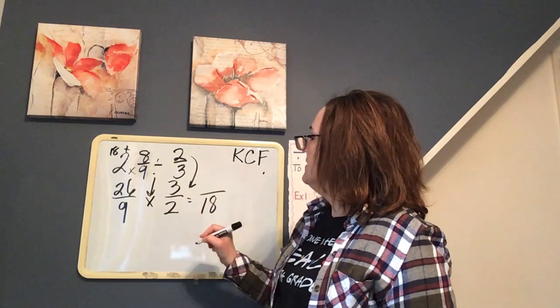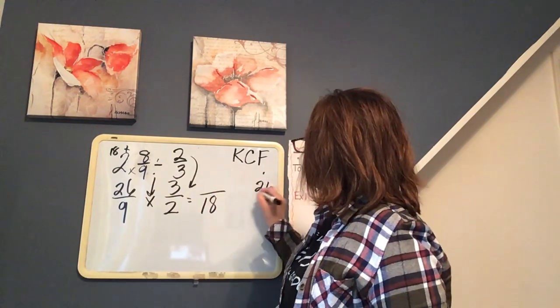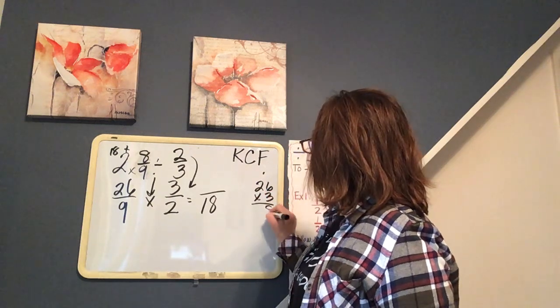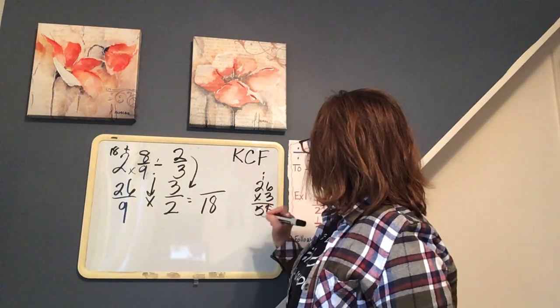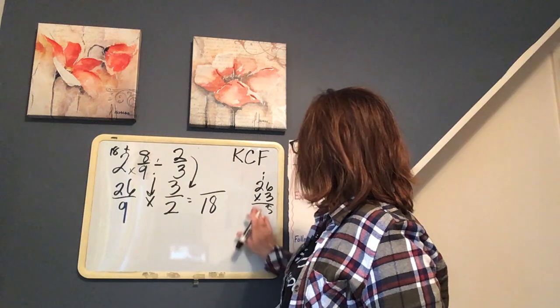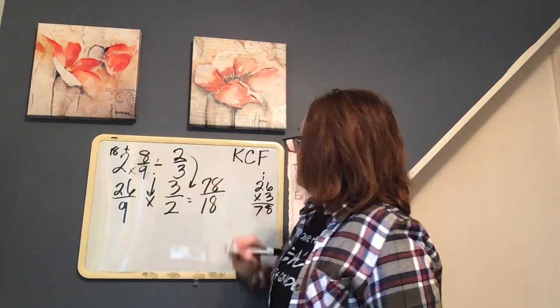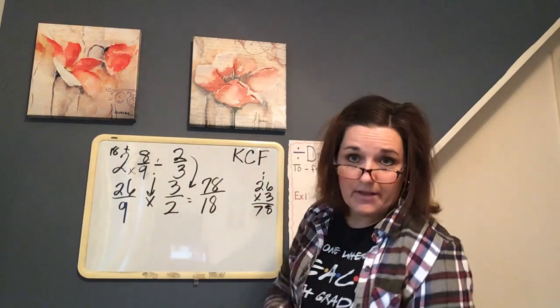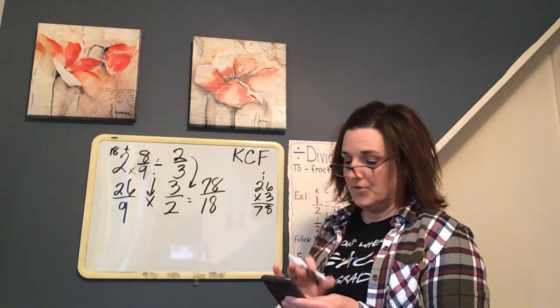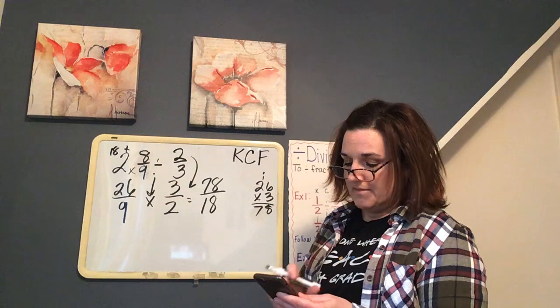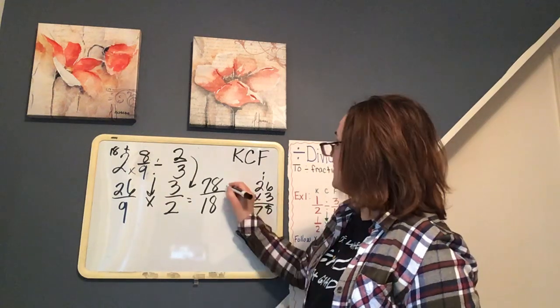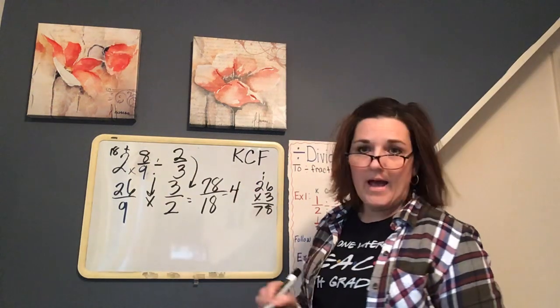18 on the bottom, 26 times 3 is 78. And then you get out your handy dandy calculator, right? And you do 78 divided by 18. Your whole number is 4, okay?